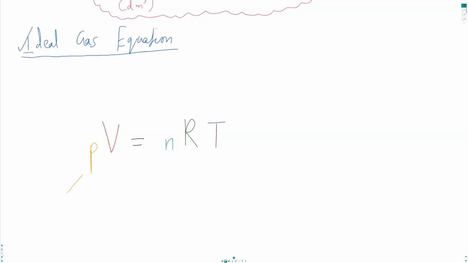P is the pressure, which is measured in pascals, and I'll put the conversions here as well. So 1 atm equals 101,325 Pa.